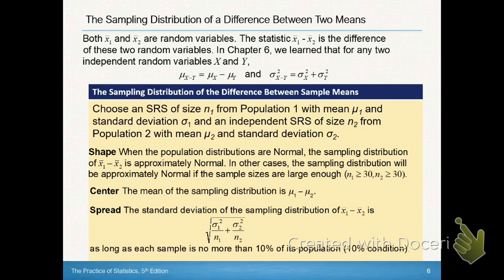So we want to make sure that our sample from our girls' population and our sample from our boys' population both have 30 or more. And then that would make our sampling distribution of the differences in means approximately normal as long as the two individual samples were approximately normally distributed.